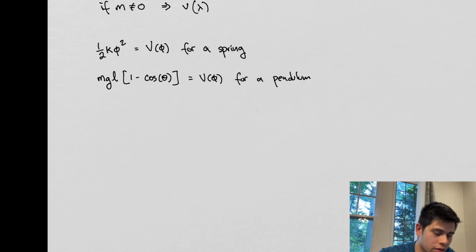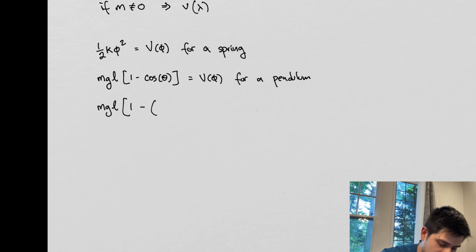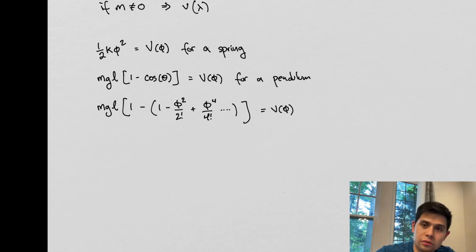We can say, for example, Taylor expand this cosine out. And what do we get when we Taylor expand this cosine out? We get these even terms, like this, right? So this is still our potential for a pendulum. We're just rewriting it in terms of the Taylor expansion of the cosine.